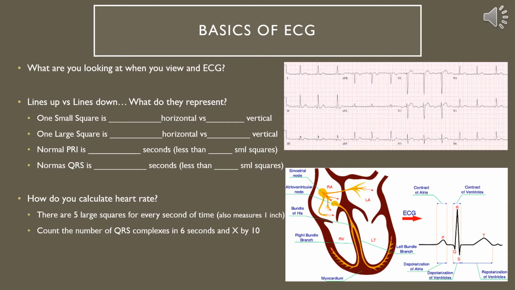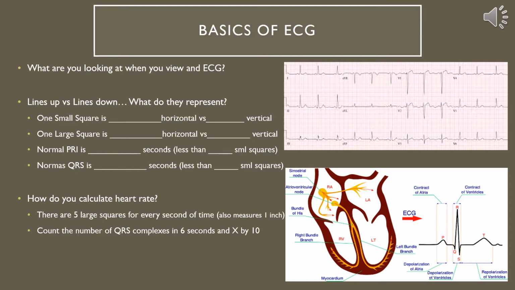And when we start to see that widens past that 3 small square space, we start to think of bundle branch blocks, and my NP mind starts to think of different meds that cause that issue, whether it be Zofran or fluoroquinolone. Your brain starts to think of different issues when you see different abnormalities.